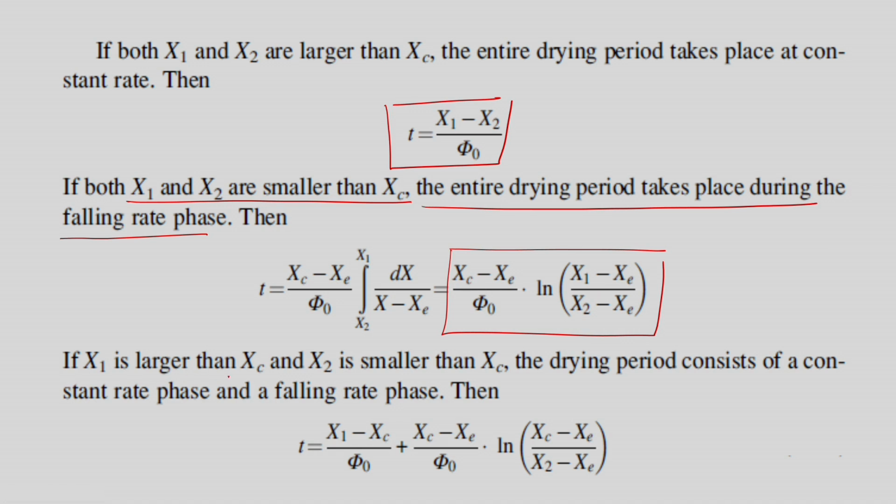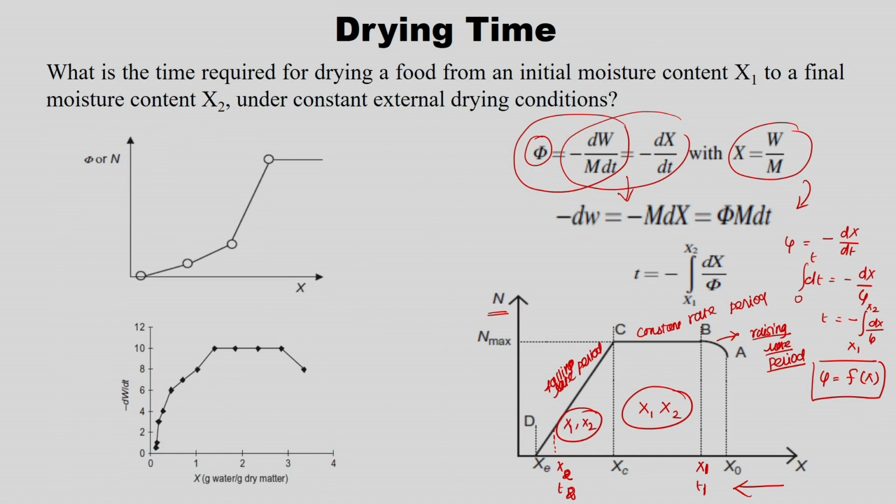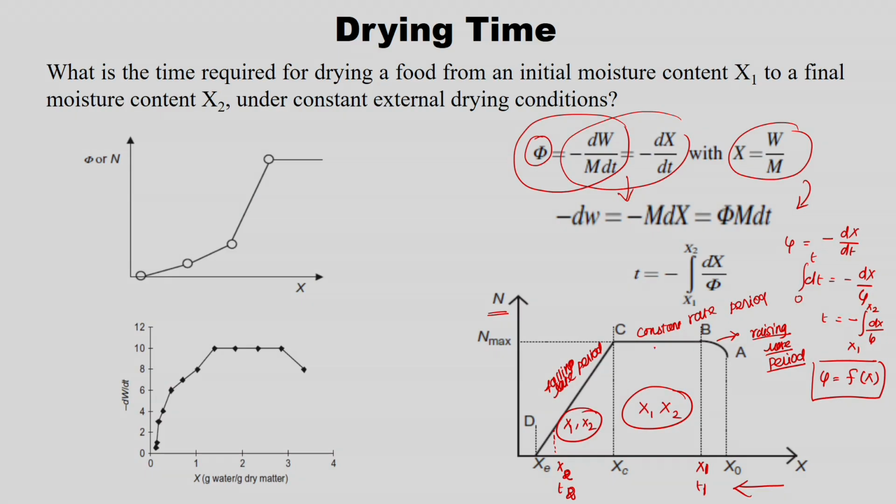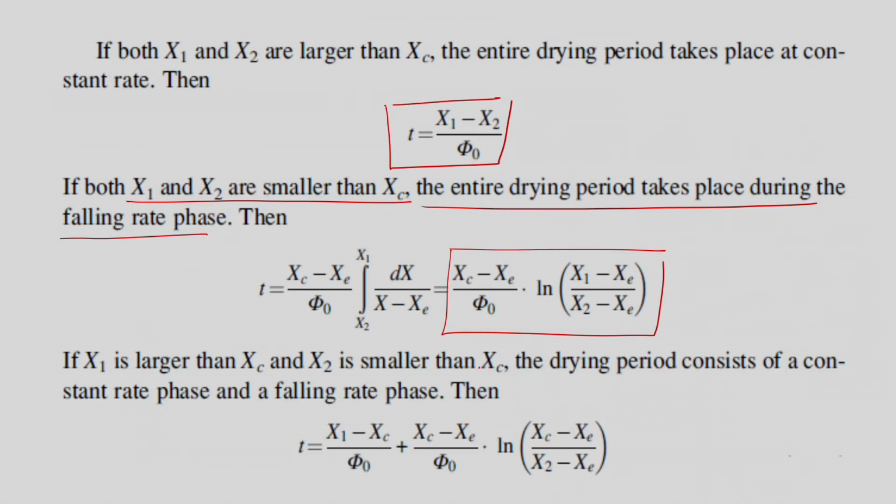If x1 is larger than xc and x2 is smaller than xc, x1 lies here and x2 lies below xc. The drying period consists of both the constant rate as well as the falling rate period. The constant rate formula applies, and remember x2 is replaced by xc because xc is the final moisture content in the constant rate period.